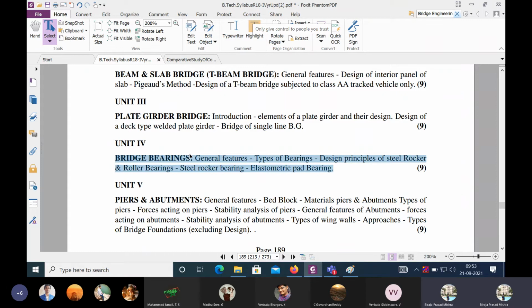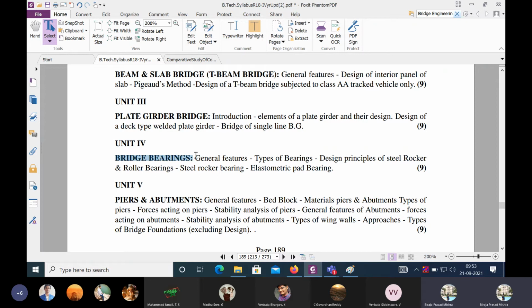Here we basically have the design principle of steel rocker bearing, and steel rocker bearing only. We don't have the design of elastomeric pad. So the only design we will learn here is the design of steel rocker bearing. Only one example or only one design we need to learn.